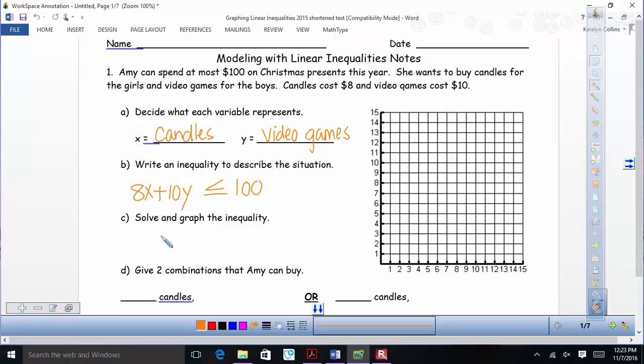Now, part C asks us to solve and graph that inequality. Remember, from Friday, we wanted to get it in the form y equals mx plus b, so we were trying to isolate y. What would we do first to get y by itself here?